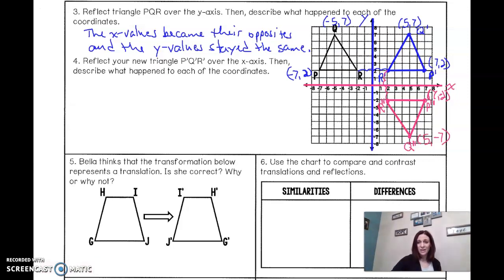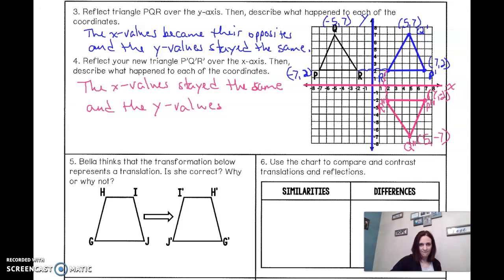And we're going to say what happened to our x values. Well, I didn't really do my r's again, but my 5 stayed a 5, my 7 stayed a 7. So the x values stayed the same. And the y values, again, 2, -2, 7, -7, became their opposites.